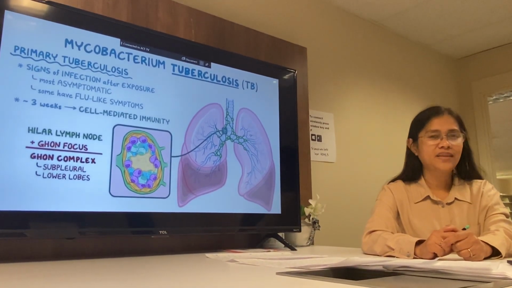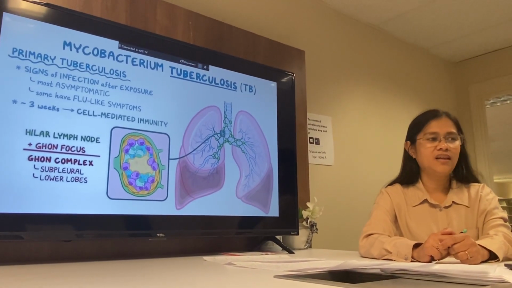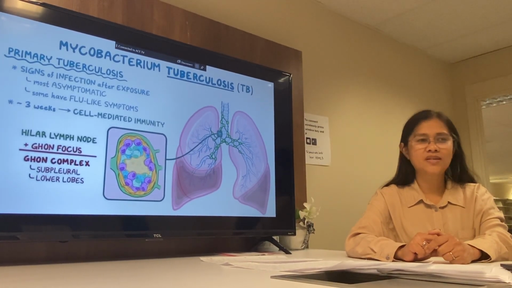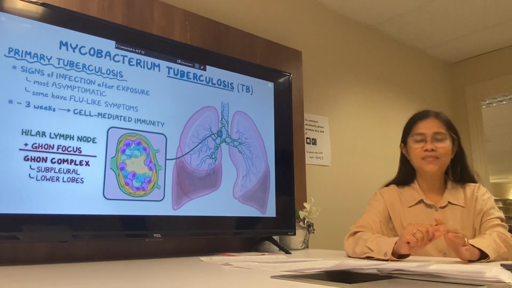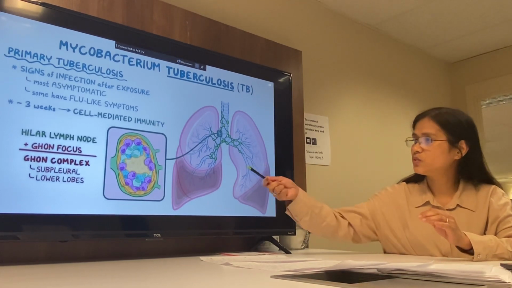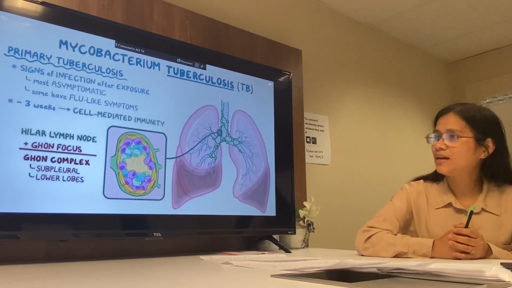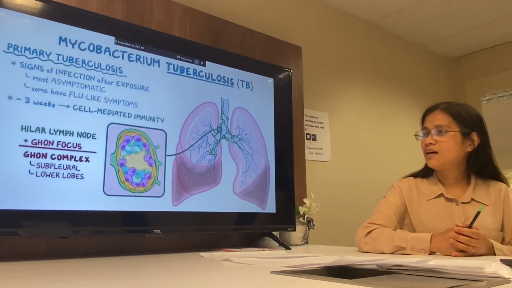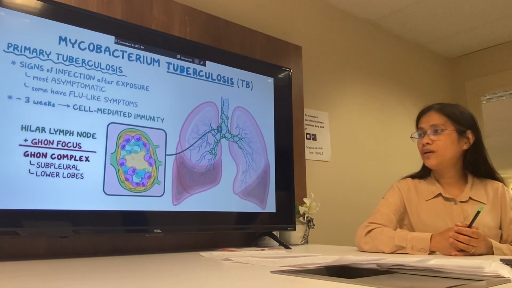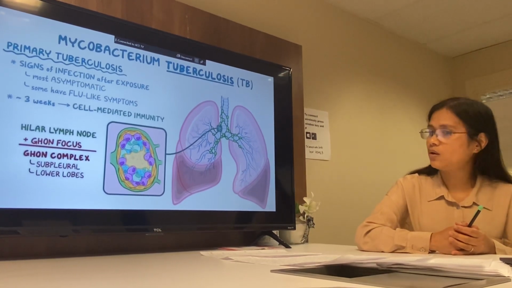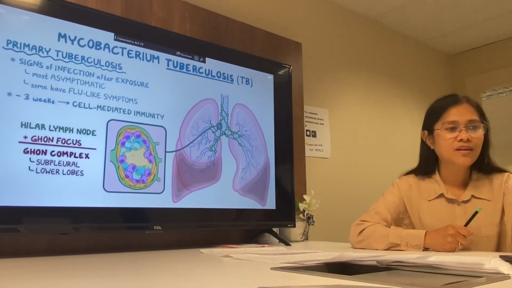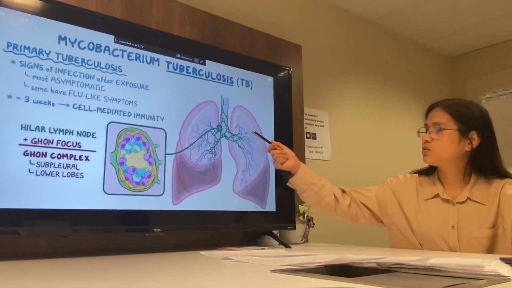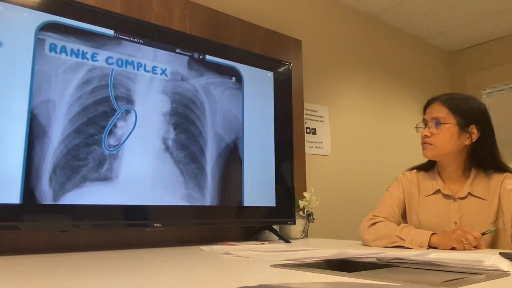It also can go up to the hilar lymph node through the Ghon focus, through the lymph. It can create the Ghon complex, which consists of a subpleural lesion in the lower lobes, and it helps it to go up to the upper lobes of the lungs.